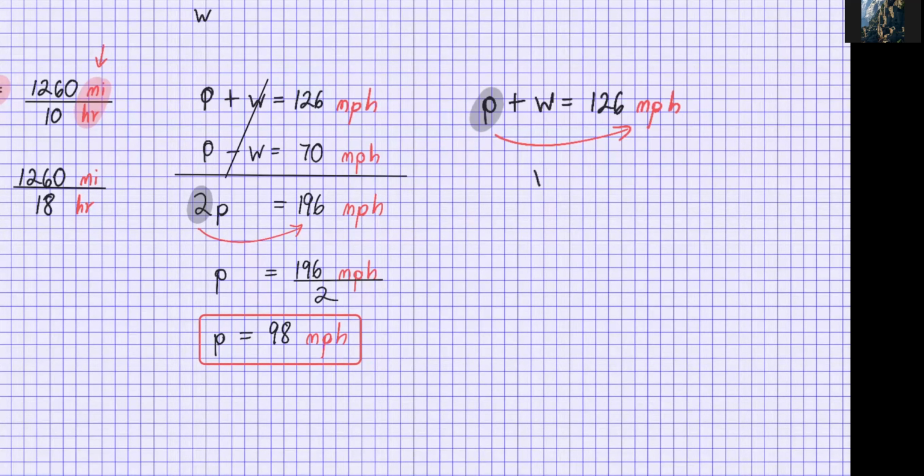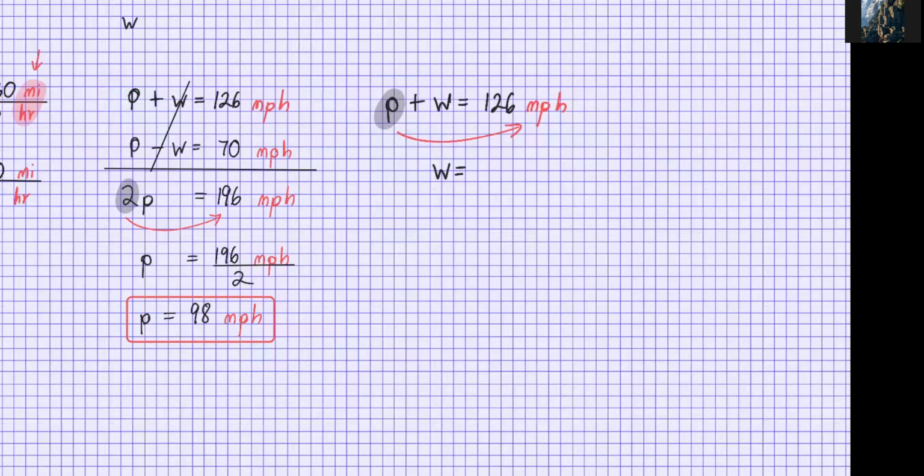So that means that the speed of the wind will be 126 miles per hour minus 98 miles per hour. So this will be 28 miles per hour. That's it. We have the speed of the wind.